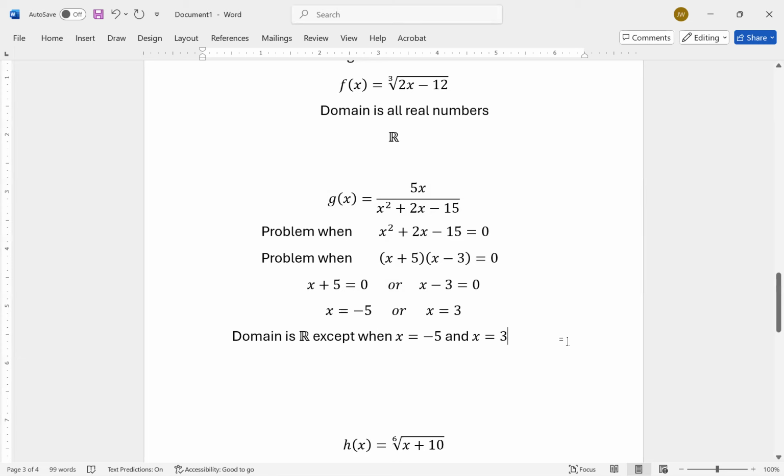Or sometimes people will say the domain is all real numbers except negative 5 and 3, and they won't write the x equals part. But there you go. So that's basically factoring a denominator and then setting both pieces equal to 0 because we have a problem when that denominator is 0.